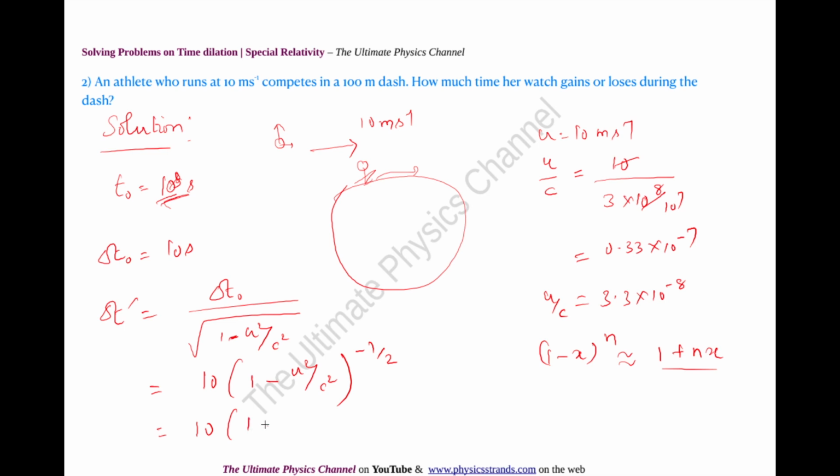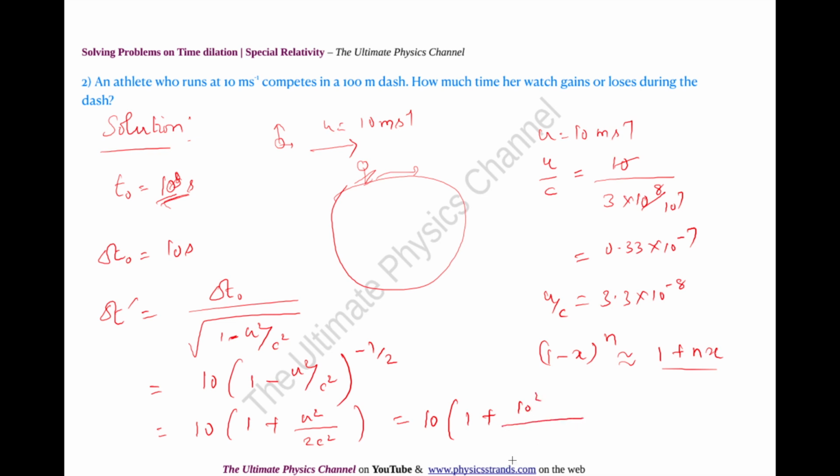So I can say 1 plus u squared over 2c squared. Of course, additional terms are not significant, so we are ignoring those terms in the expansion. So now we can say that this is equal to 10 into 1 plus u, which is 10 again. So 10 squared is written here.